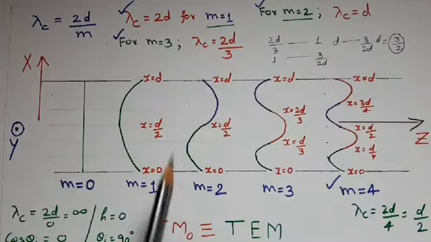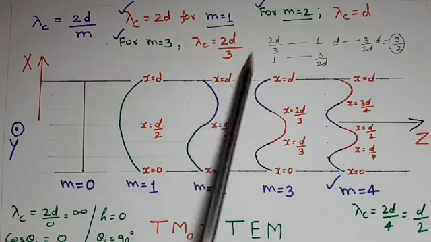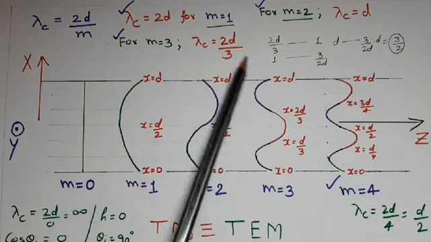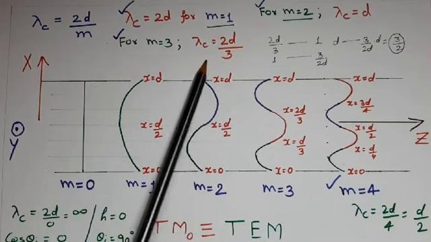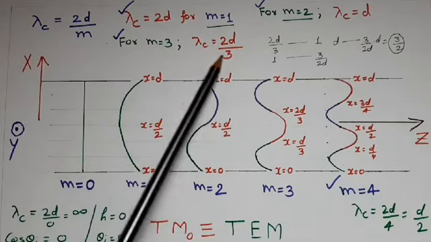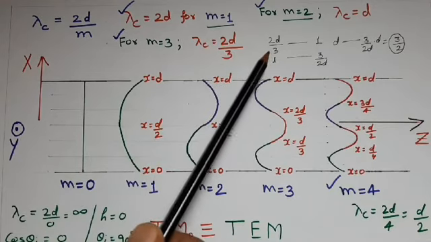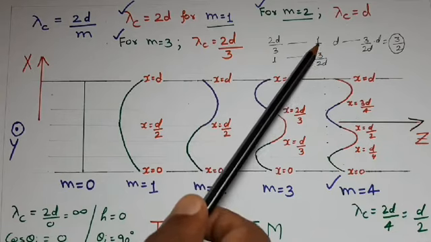Now again, if we take m equal to 3, then lambda c is equal to 2d upon 3. It means in the x direction, one wavelength is present in 2d upon 3 distance. So first we calculate how much wavelength would be available in d distance. We can use simple mathematics: in 2d upon 3 distance, one wavelength is available.